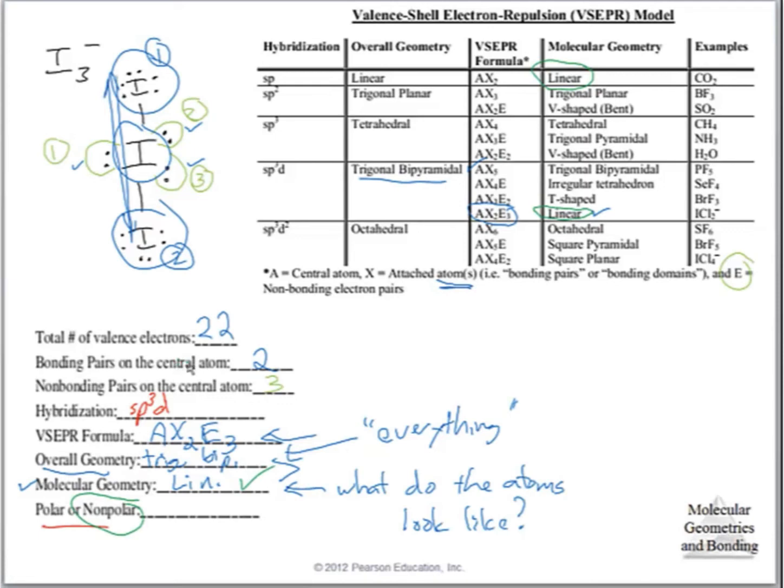So let me just take a minute here and talk about polar molecules. Actually, let me go back to the table that we were just marking up. If I can find it, there it is.